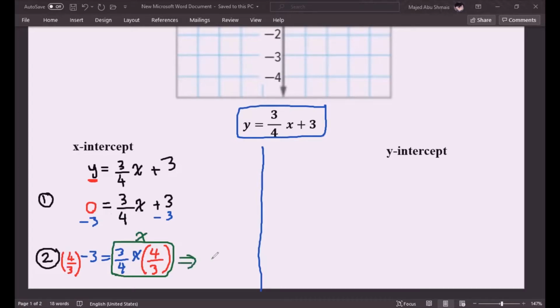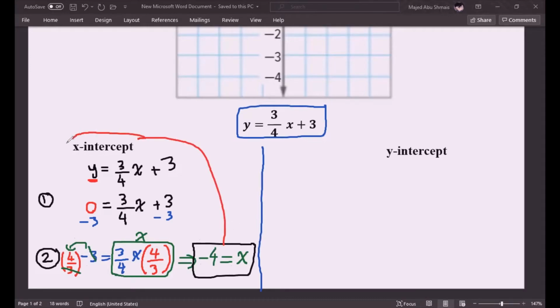So our answer will be x equals, or let's write it on the other side, okay? x equals how much? Negative 3 times 4 divided by 3. We can just cancel 3 by 3. So the answer will be x equals negative 4. What does this result represent? This result represents the x-intercept. We found x, which represents the x-intercept of this line.